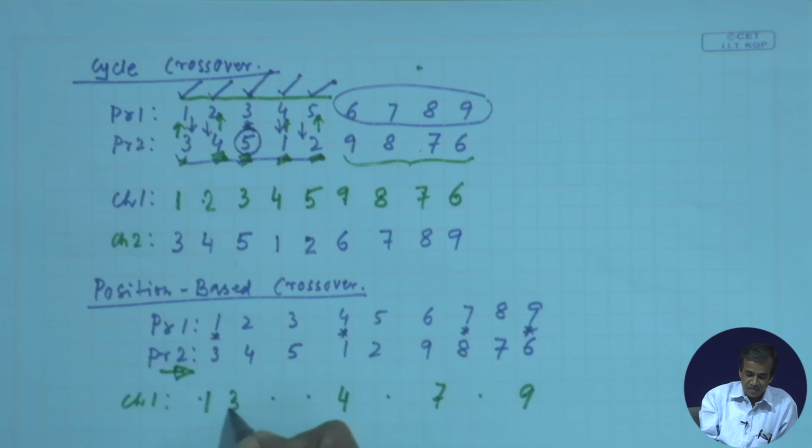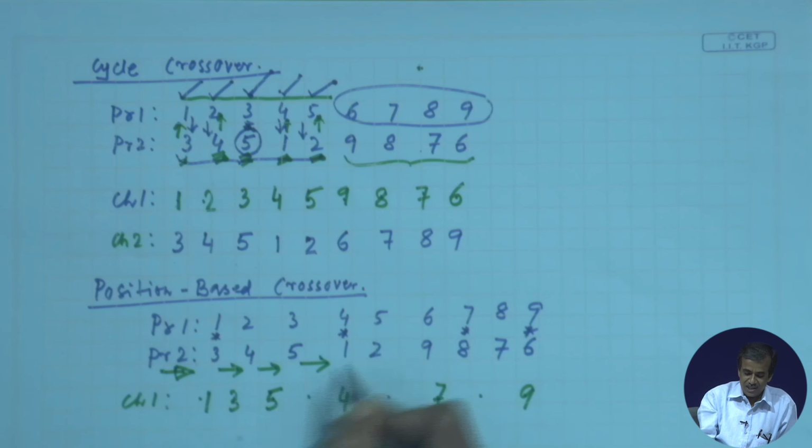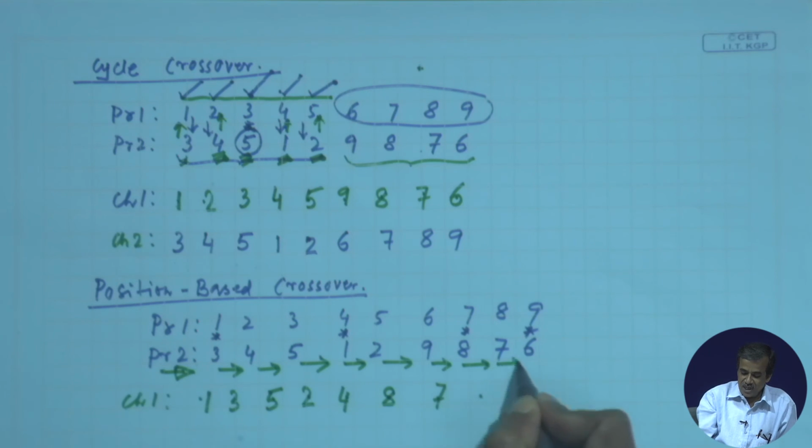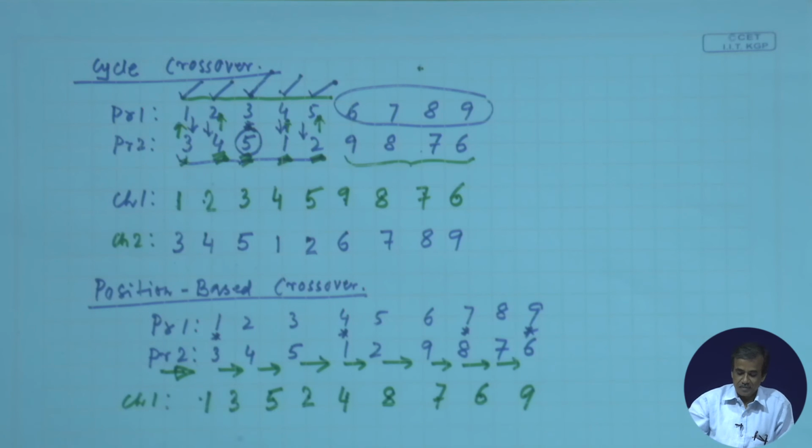The second is 4, 4 is already there. Then city 5, 5 is not there, select 5 here. Then the first city is already there, the second city is not there, so you select it. City 9 is there, city 8 is not there, so you put it here, city 7 is there, then comes 6, so 6 is here.